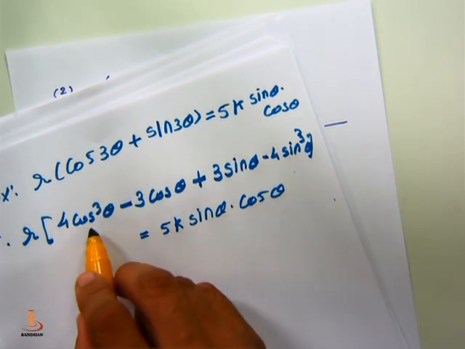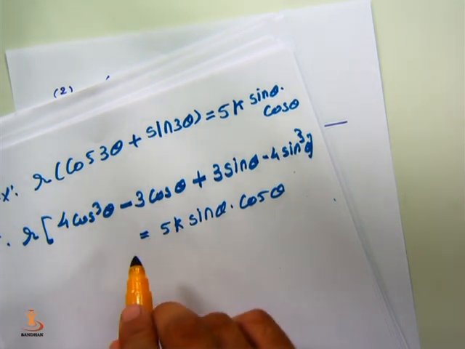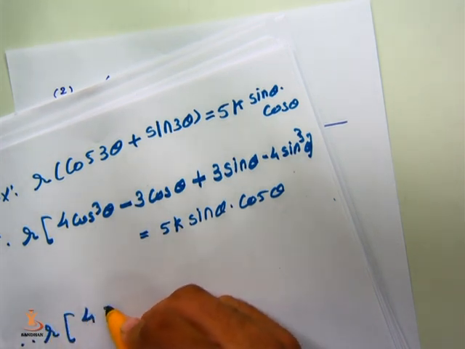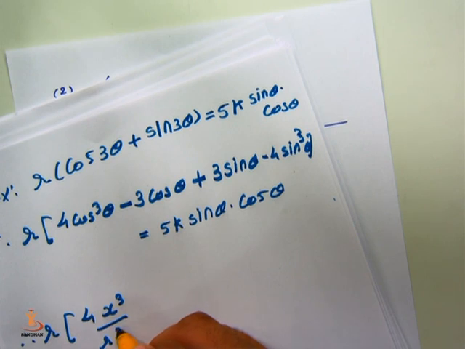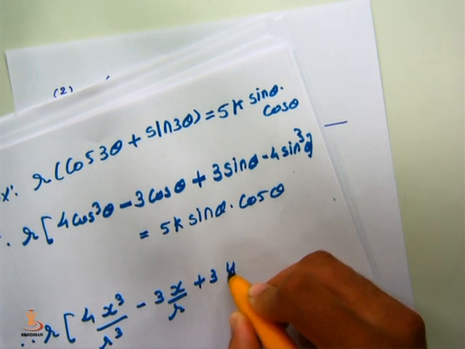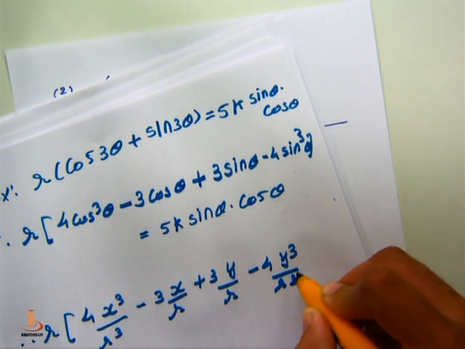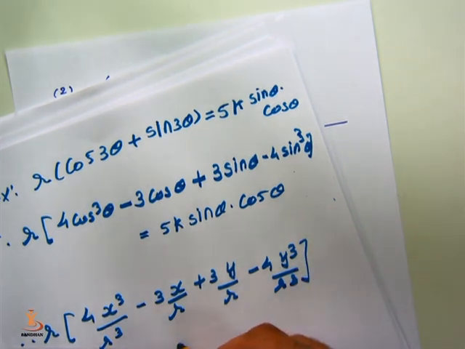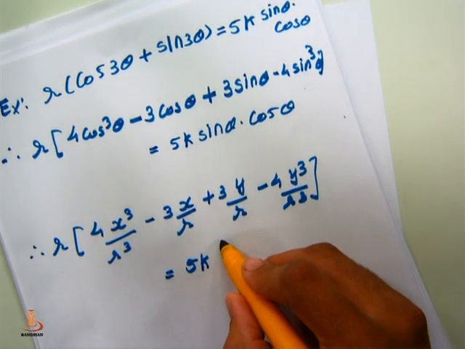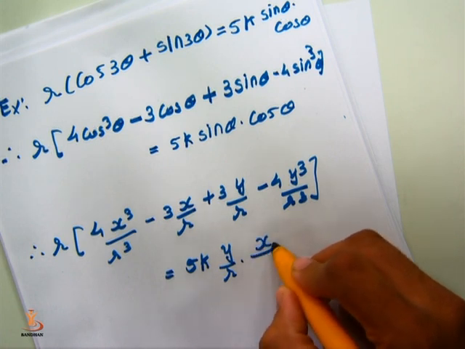So wherever you have cos theta you can replace it by x upon r, and wherever you have sin theta you can replace it by y upon r. So let us continue: 4 x cube upon r cube minus 3 x upon r plus 3 y upon r minus 4 y cube upon r cube. In the same way the procedure will be applied to the right hand side also: 5k y upon r and cos theta is x upon r.